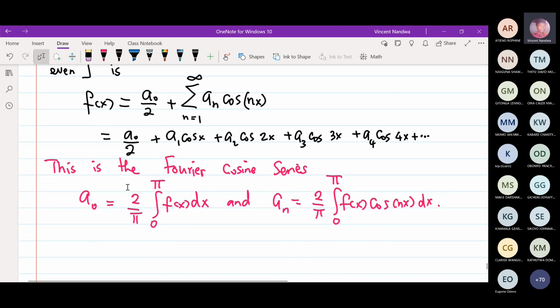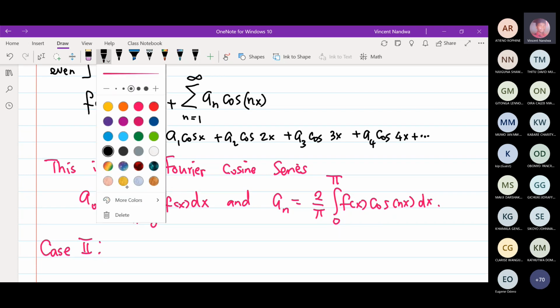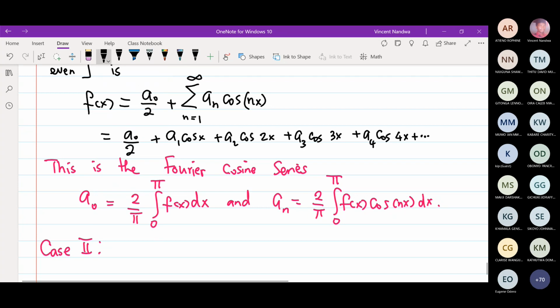So case 2, when the function f of x is known to be odd in the interval minus pi to pi. In case 2, we consider a function f of x that is odd and periodic in the interval minus pi to pi.